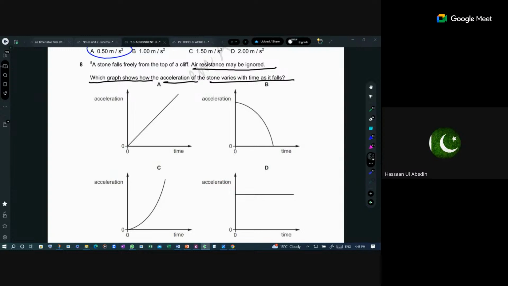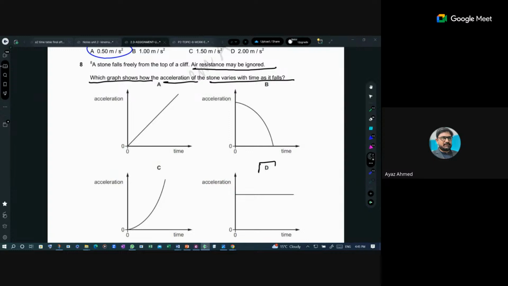B. B, sure, or D? Acceleration is the same. D. Hassan?